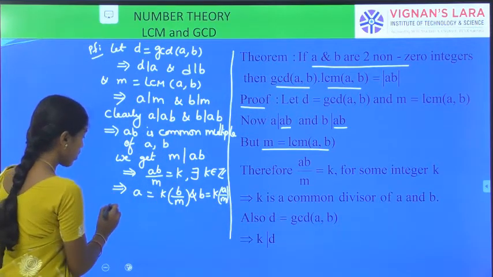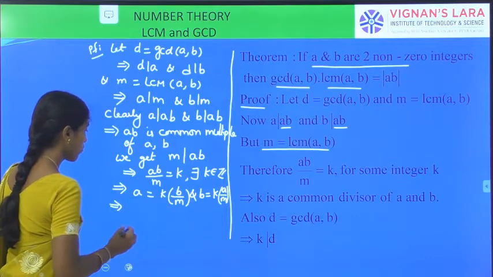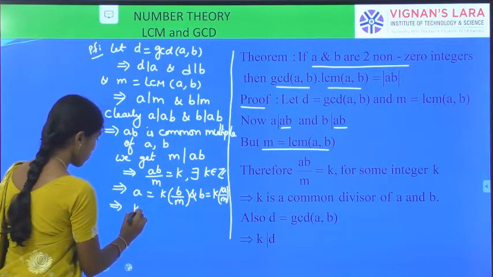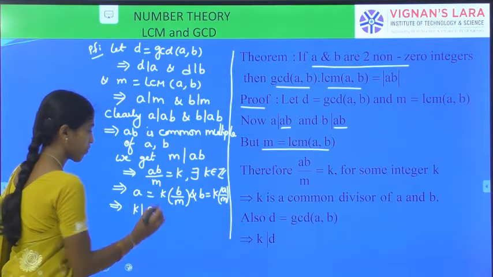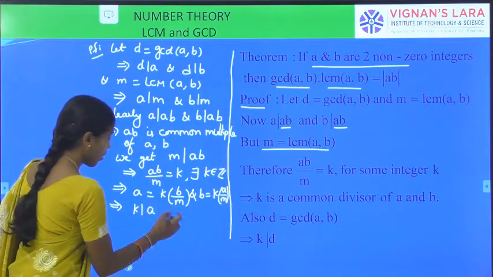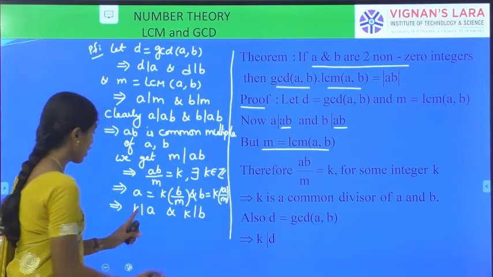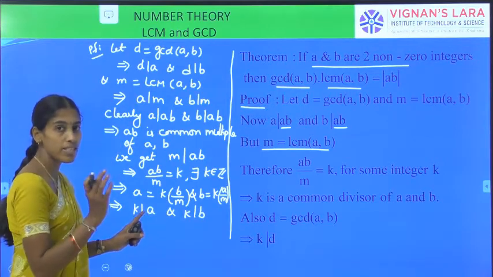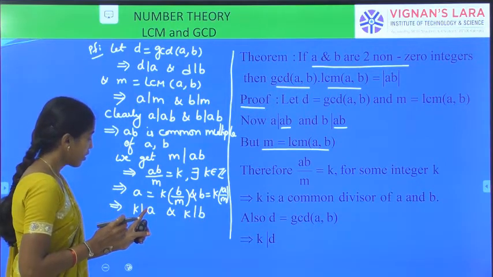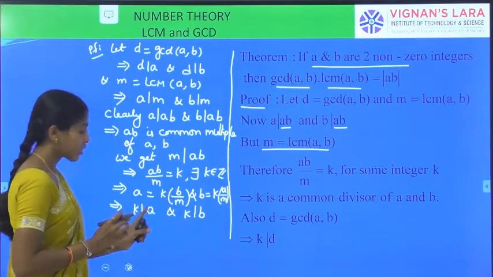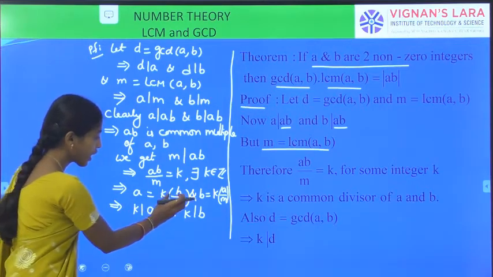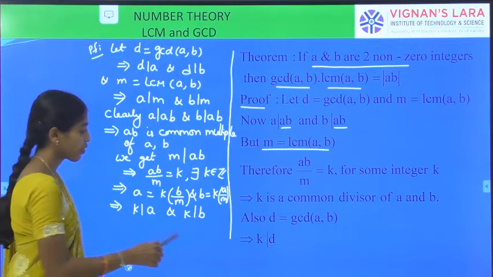From the first one we can write it as K divides A, right? And K divides B. See here, K divides A means there exists some integer, B by M, such that A is equal to K into that integer.